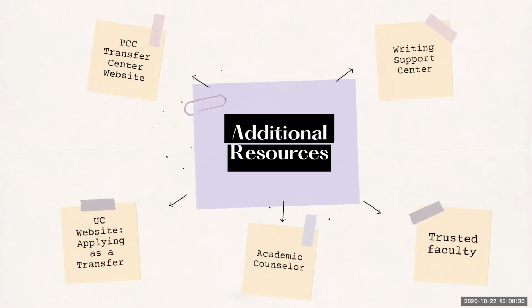You can also talk to an academic counselor or a trusted faculty member to help you look over your personal statements and see if what you are writing is on the right track and if you feel it's the best version of yourself that you are showing. One thing to keep in mind is these personal statements are usually the only insight that they get into you outside of your application. So you really want to make sure that you're putting forth your best writing.